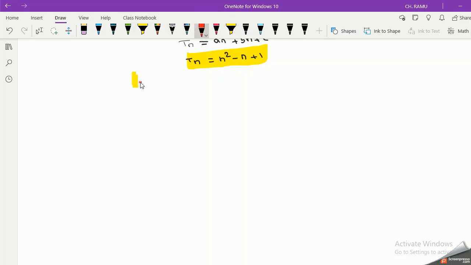Let me take the second example. Suppose we take 1, 3, 6, 10, 15, and so on. Check it. What is the first difference? Plus 2, plus 3, plus 4, and this is plus 5.